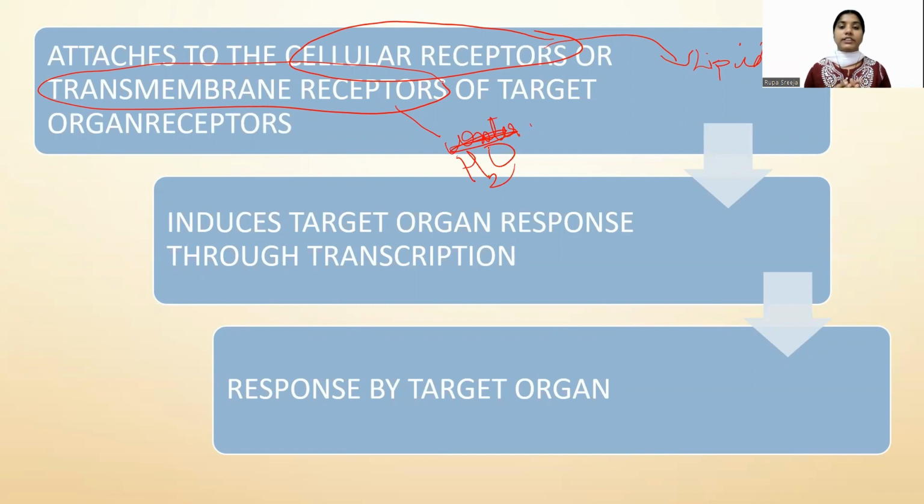Like that, the secondary messengers are activated, and those secondary messengers phosphorylate the protein, and the phosphorylated proteins are the form of response shown by these organs. This induces the target response through transcription or phosphorylation. Now the response is shown by the target organ.